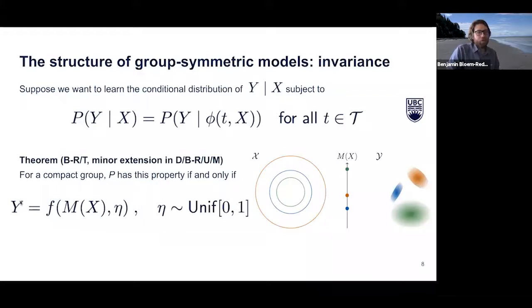So we know that for any y that's jointly distributed with x, if its conditional distribution is invariant to the set of transformations T, then that separates the problem into two parts. One is coming up with a maximal invariant M, and the second part is coming up with the relationship of y to the maximal invariant.